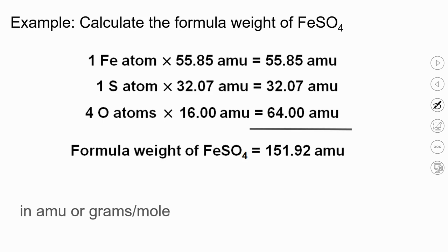We add up the atomic mass units for each atom, and that gives us the formula weight. This is either in atomic mass units, or for 1 mole, I need 151.92 grams for a mole of iron sulfate.